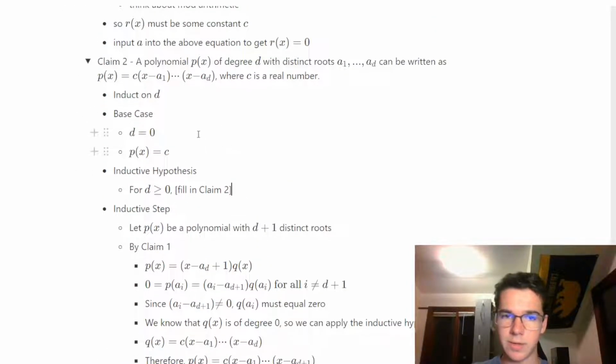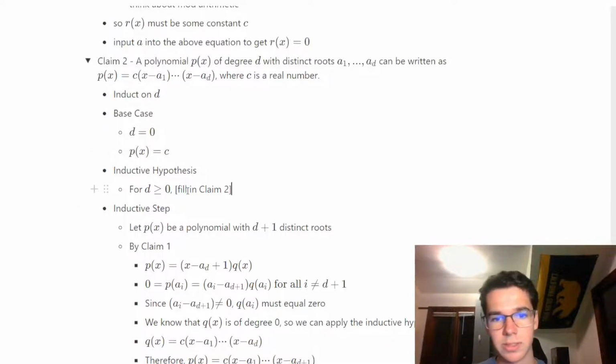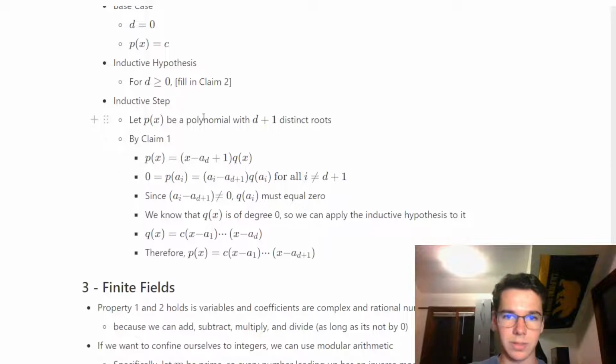For the inductive hypothesis, we're going to say that this claim holds for all d greater than or equal to 0. And we're now going to show that this works for degree d plus 1.